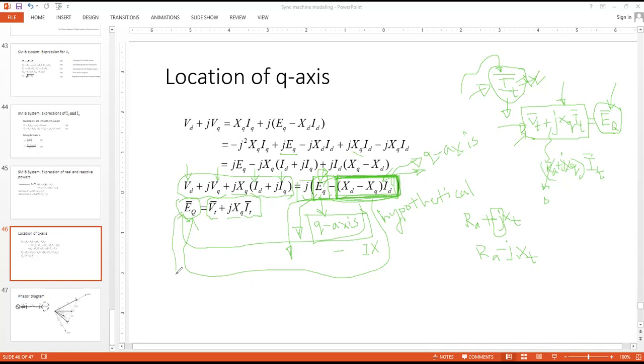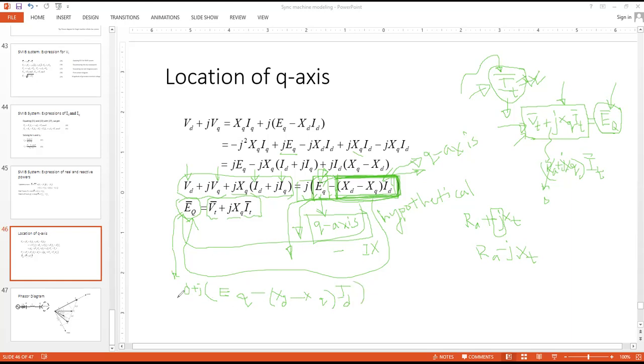Okay, so you can also think about this EQ bar something like this: 0 plus J multiplied by EQ minus XD minus XQ into ID. Okay, you can also think of it like this.